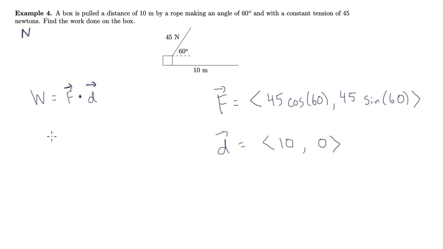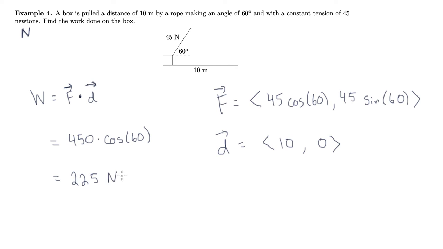So then when we do this force dot distance, we just multiply the components. But since there's no vertical component, this is just 0. So it's just going to be 45 times 10 times cosine of 60. And if you recall, cosine of 60 is 1/2. So this is 225.